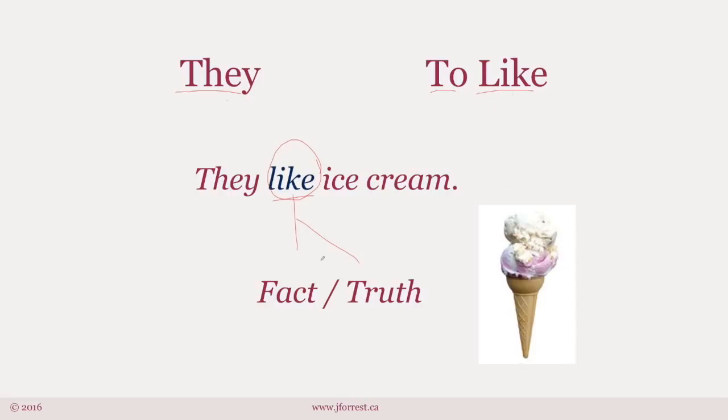So we use the present simple a lot to talk about ourselves. Okay, and what if I wanted to make this sentence negative? What would I do? Good. So just between the subject and the verb, I need to add don't. They don't like ice cream.